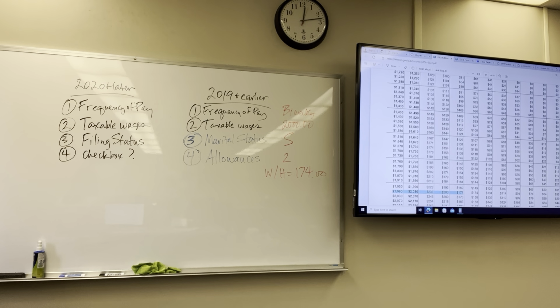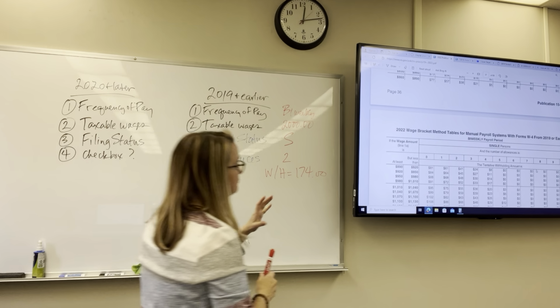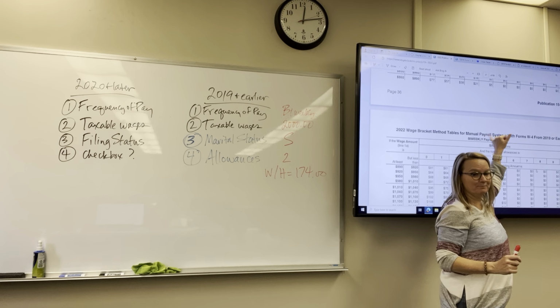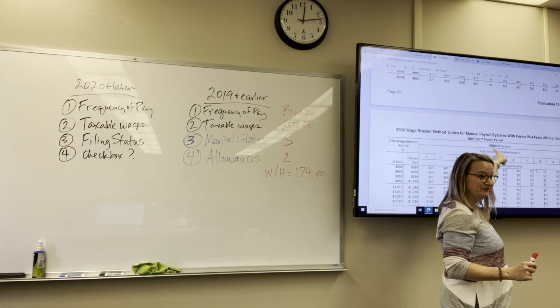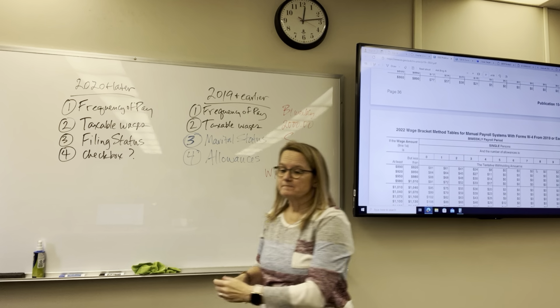Pretty simple. So again, be careful, because with the other ones you're only looking at the pay frequency up here on these tables, but you've got to have the correct pay frequency and the correct marital status. Okay?